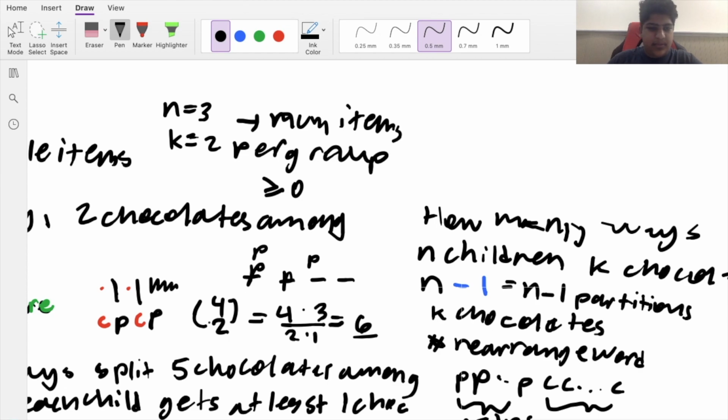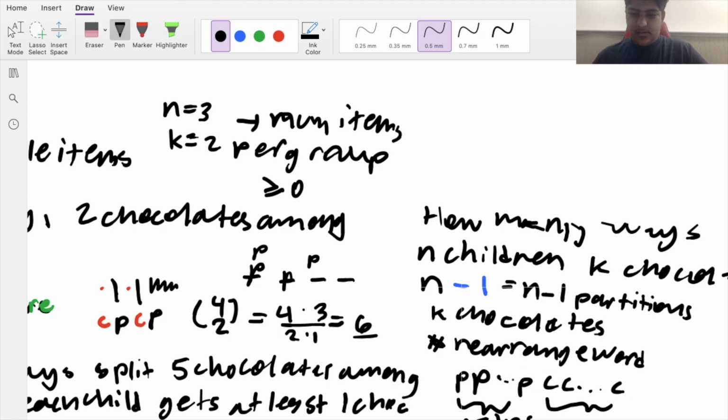And now, like we saw before, here we just sum the number of chocolates and partitions, right? Because that's the total number of letters in the word. And then we choose the number of partitions because that represents how many ways to arrange the word.